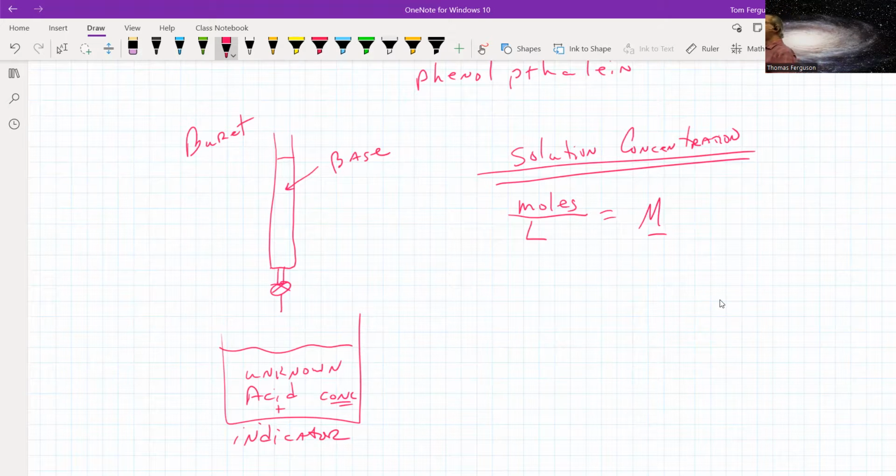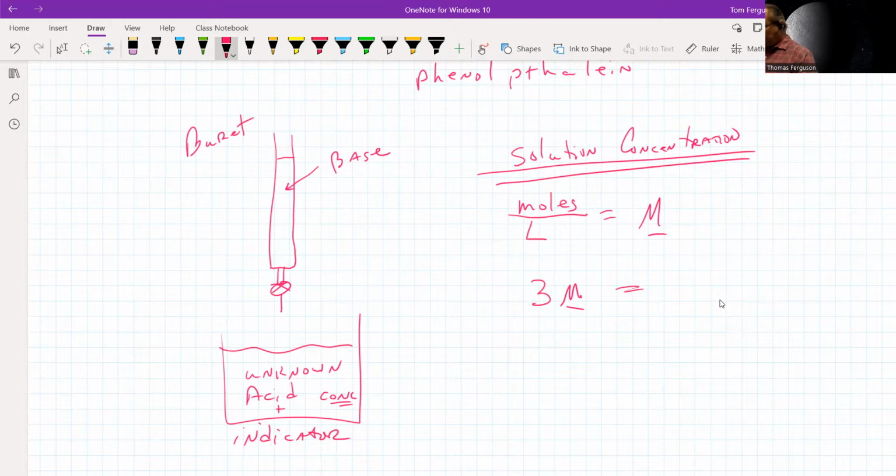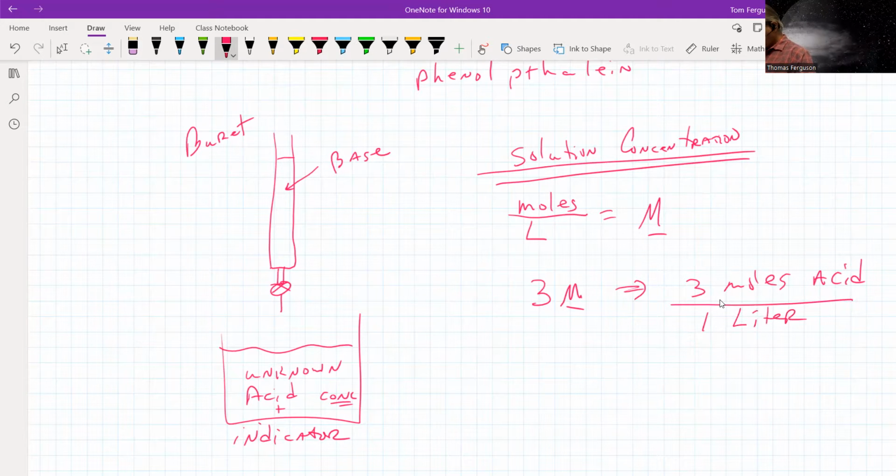They usually represent that with an uppercase M, slanted or italicized. So 3 molar acid is going to be 3 moles per 1 liter of solution. Now, when we have 3 molar, how do you know how many moles of acid are really in there?